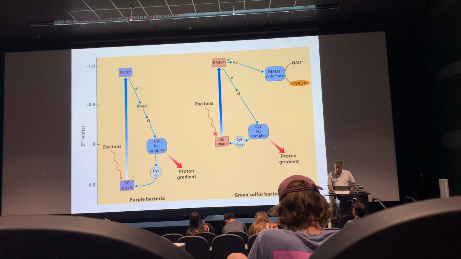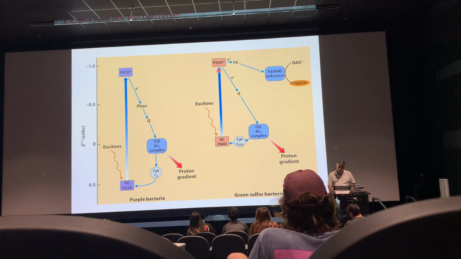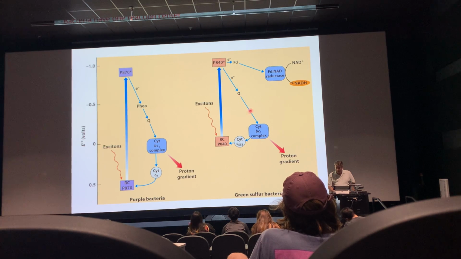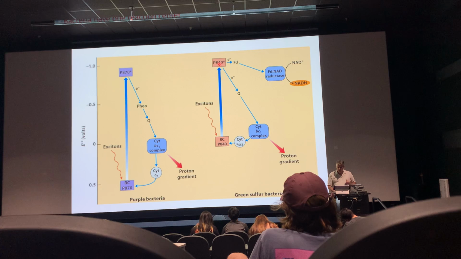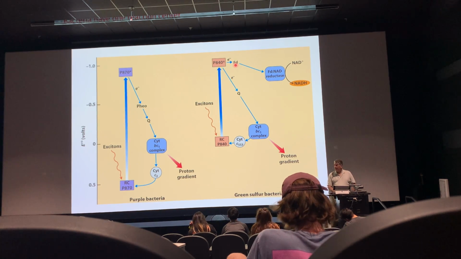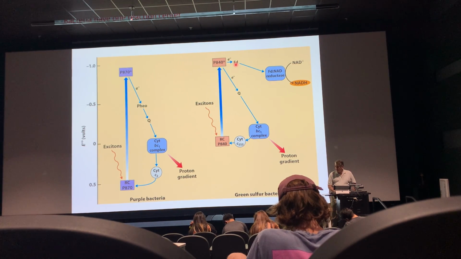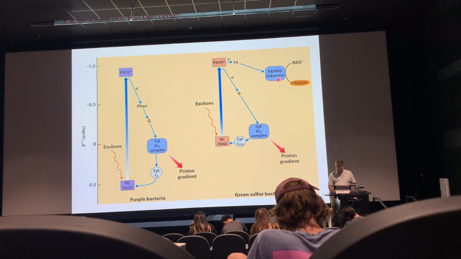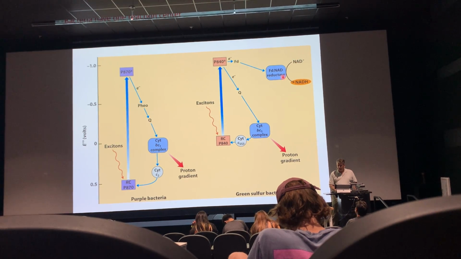When excitons transfer to this, it pumps an electron up, which can come down and back, just like over here, or the electron can go to a protein called ferredoxin. I'll give you the spelling on another slide. And ferredoxin can feed electrons to an enzyme that reduces NAD to NADH.